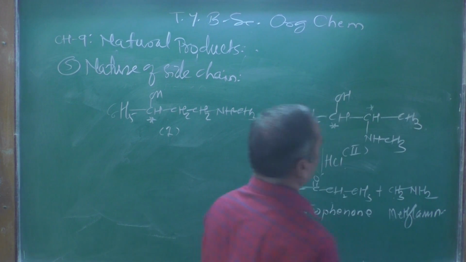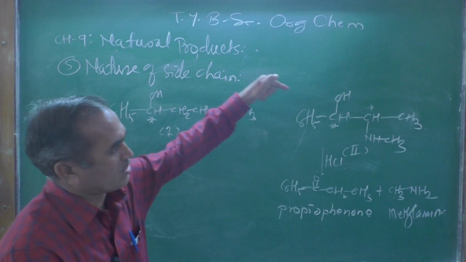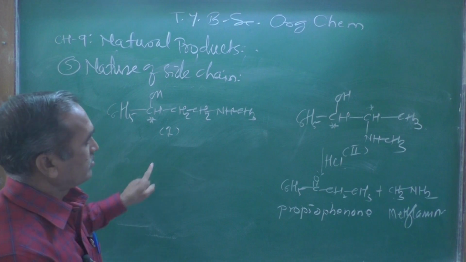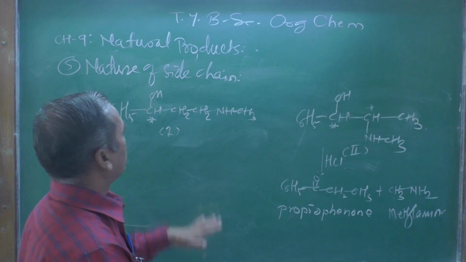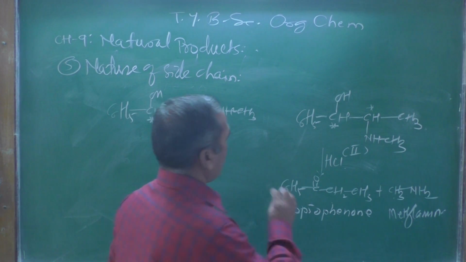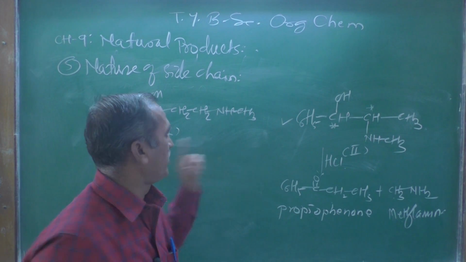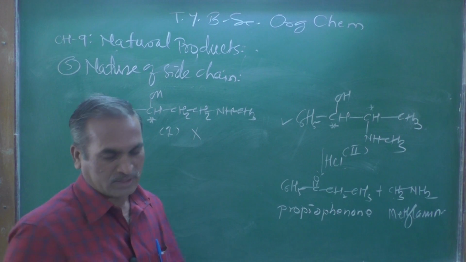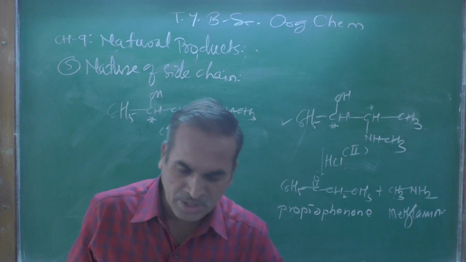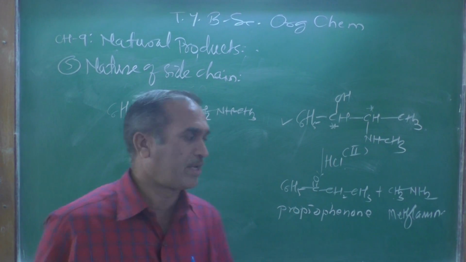These are the 2 compounds which are given by structure second only, and that proves that this is the correct structure for ephedrine, and structure first is not the structure for ephedrine. Why?